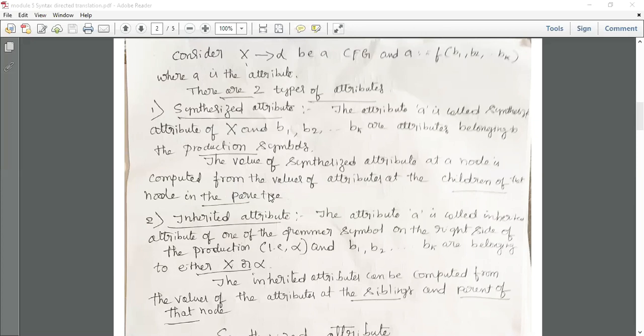You have to remember that; that is nothing but your synthesized attributes. The values of attributes of the children of the node in the parse tree have to be calculated.